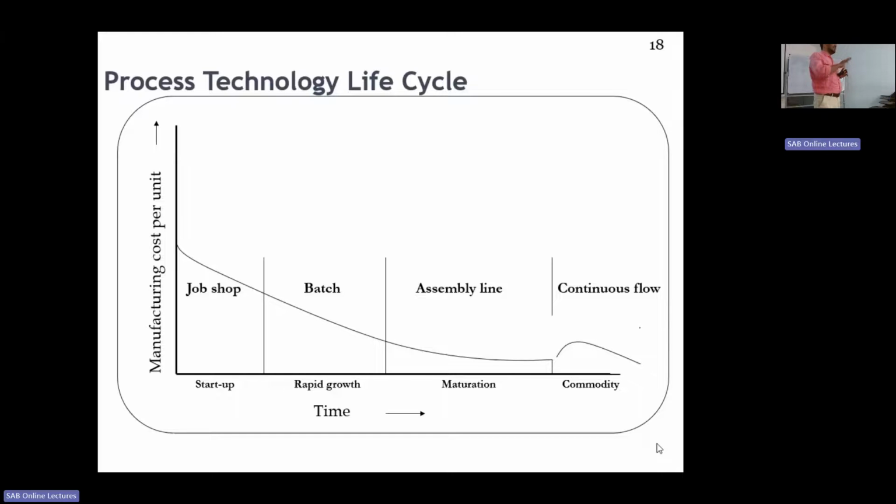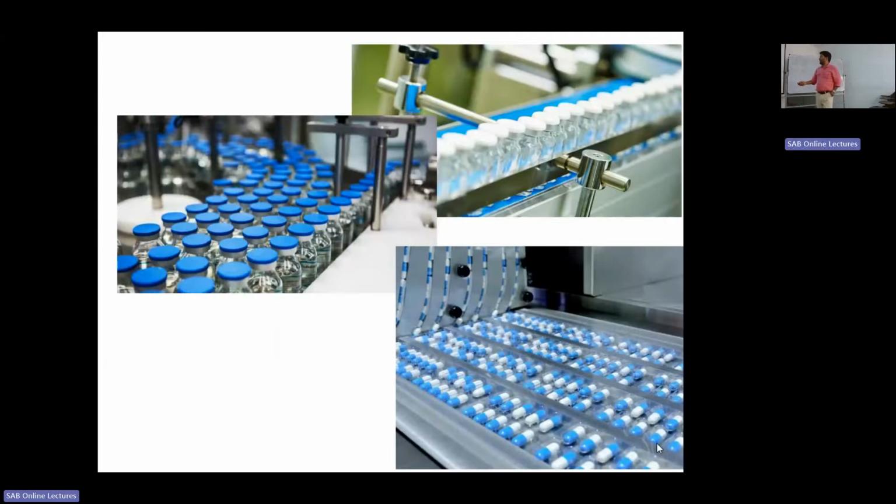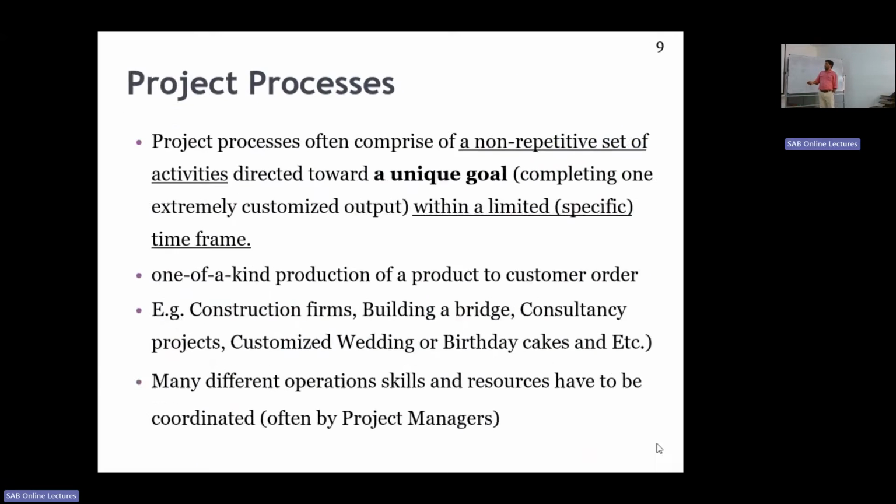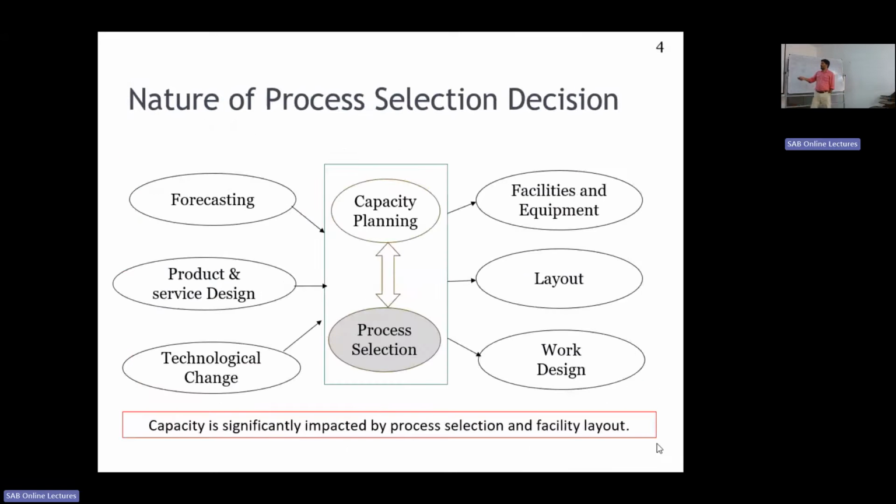So is that clear? So that's about process selection, which is a very important strategic decision for a business. As we discuss it here, according to the decision, we'll have to arrange the other operations, especially capacity and then facility: what type of buildings, machinery, and equipment are needed, depending on the process selected.